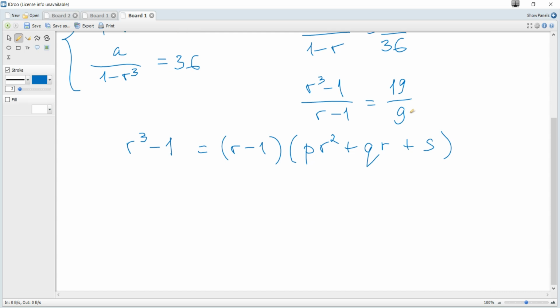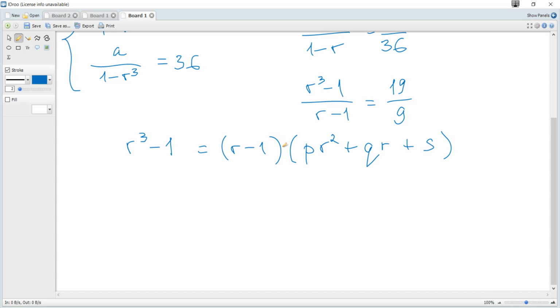And how to find p, q, s? You may expand the right hand side and then equating coefficients in front of same powers of r, you can find p, q, and s. Or we can divide r cubed minus 1 by r minus 1. Divide polynomials.